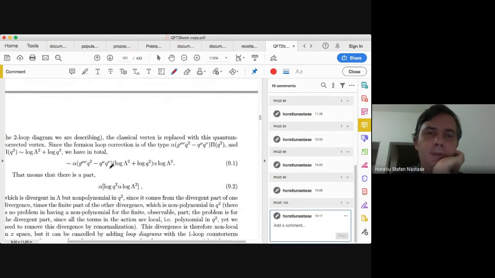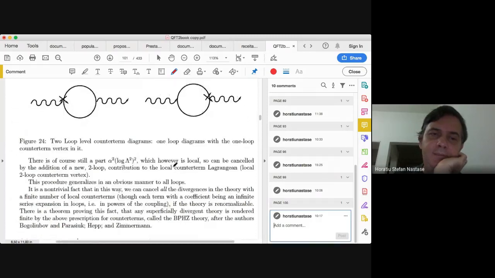Of course, when you look in here, there's also log lambda squared times log lambda squared. So there's this term alpha squared times log lambda squared. However, in terms of x dependence, this is local. This is, in fact, x independent, a constant.